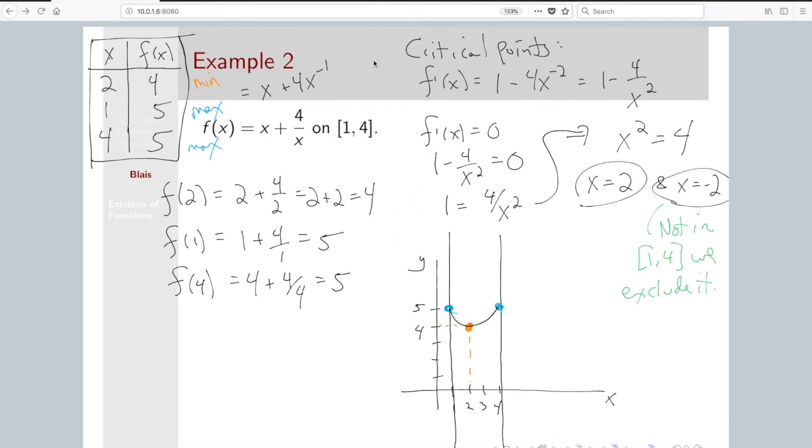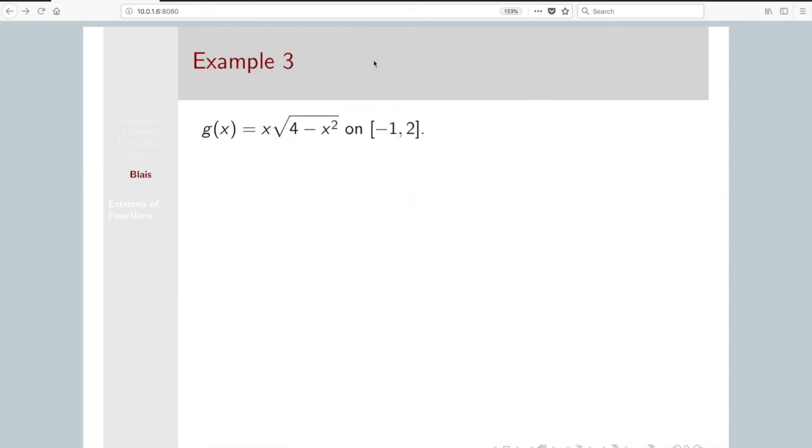Let's do one more example, which will be a more challenging example. And this is an example that we've actually already seen before. g of x is x times root 4 minus x squared on [-1, 2]. And we can note right away that for the domain of this function, we need what's under the square root to be non-negative.